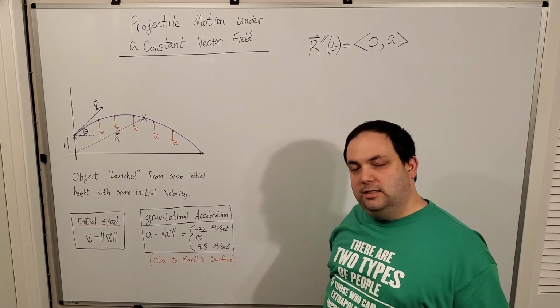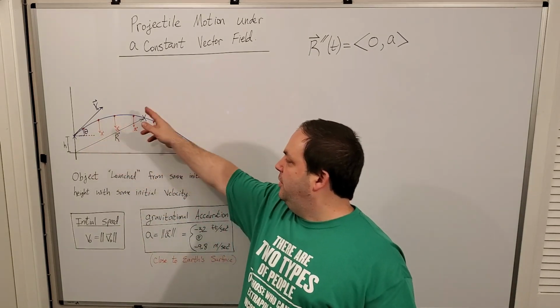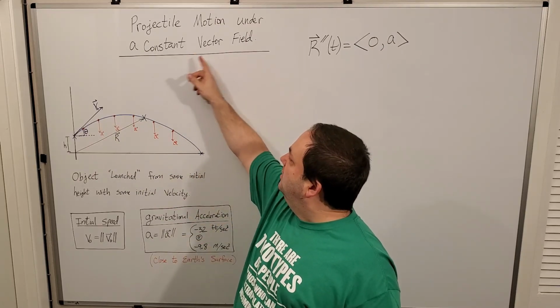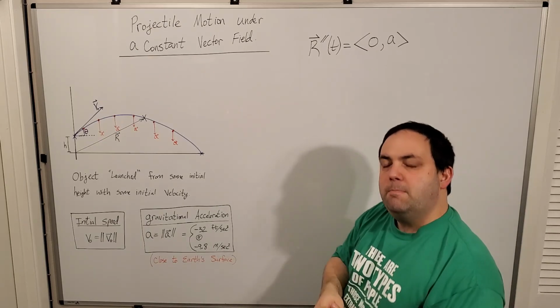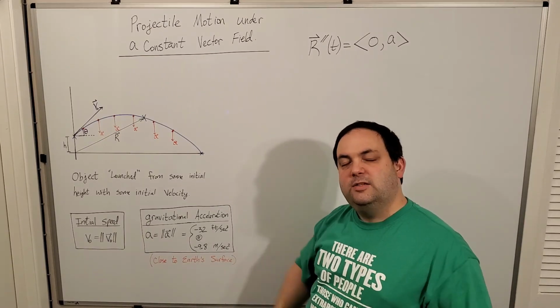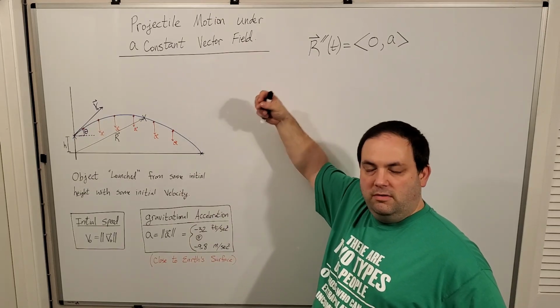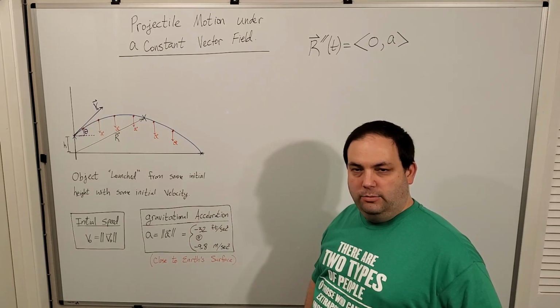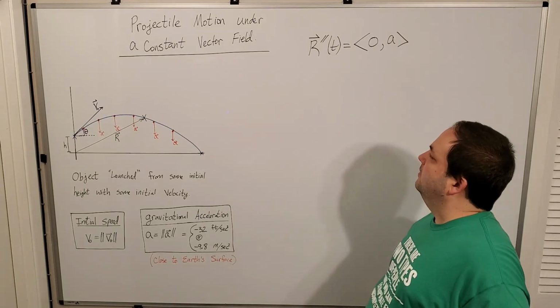It would be a constant vector function, because the acceleration is supposed to be the same everywhere. It's a constant vector field. Okay? So that would be my second derivative, because that's my acceleration. That's how the field is pulling the object. So that's an acceleration, since it's related to a force.